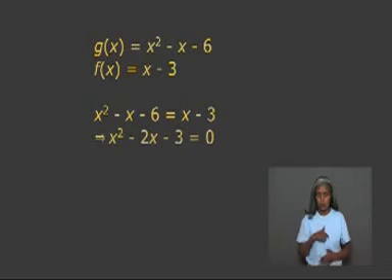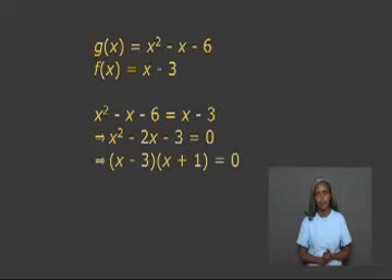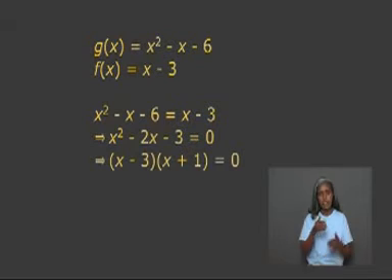We can simplify the equation to x squared minus 2x minus 3 equals 0, which can be factorized to x minus 3 times x plus 1 equals 0.